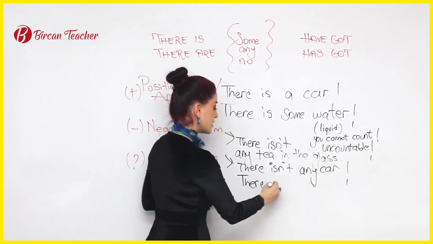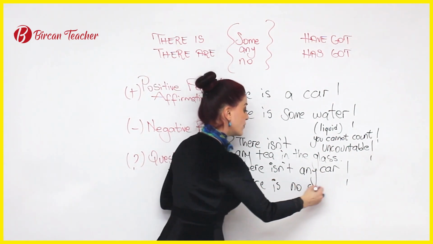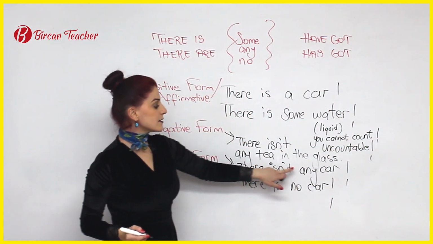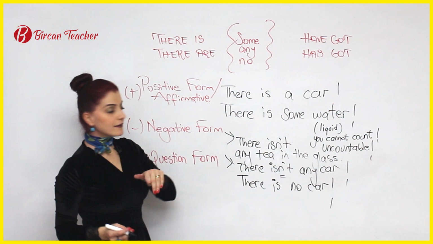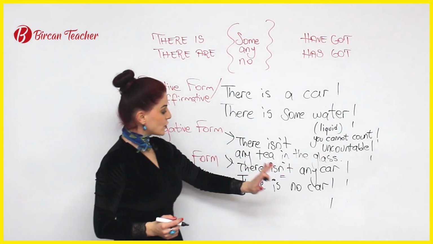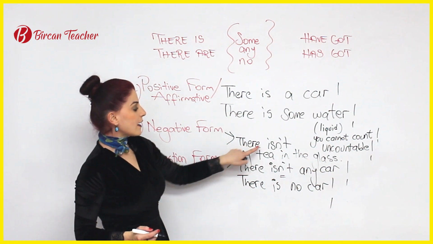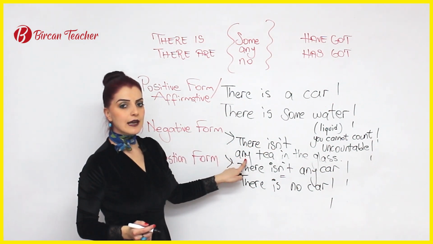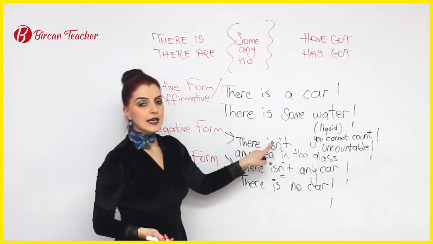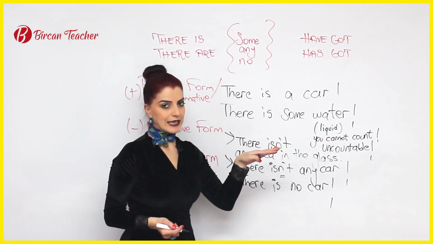There is no car. Same meaning. There isn't any, or in another way, there is no. So you can say there isn't any tea, or you can say there is no tea.